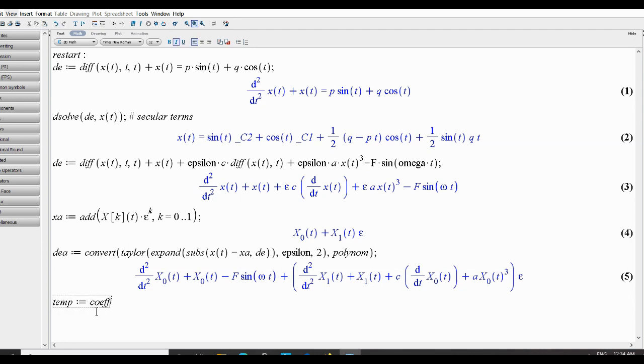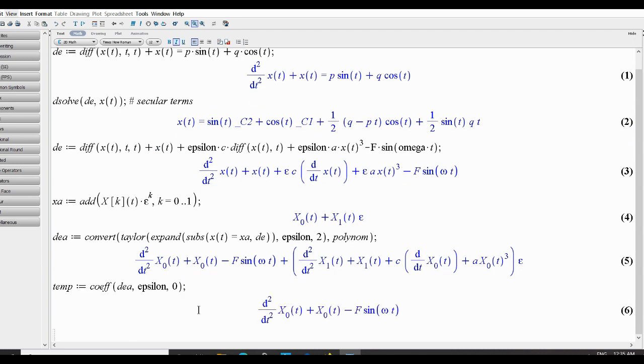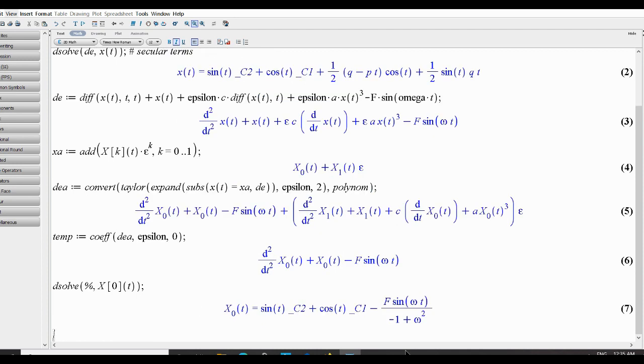Then we come here and we say, let's look at the coefficient in dEA of epsilon to the power 0, and then we say solve that for capital X 0 of t, and here is where we run into trouble.